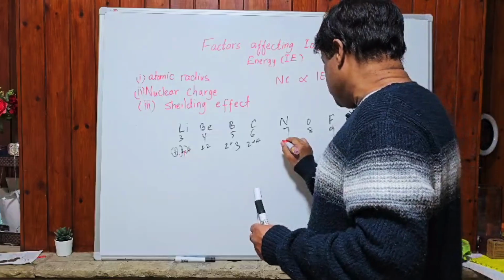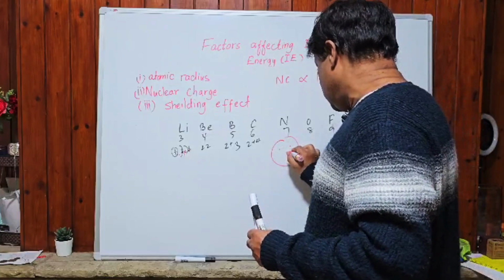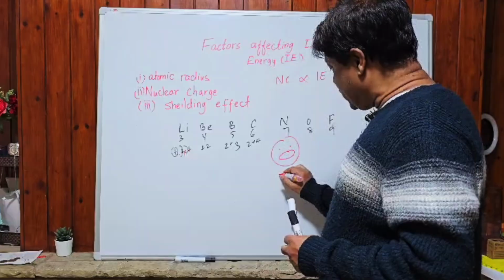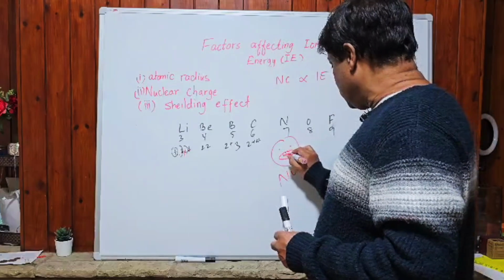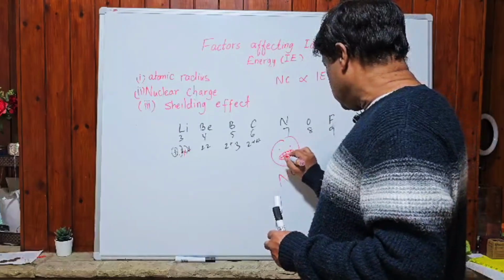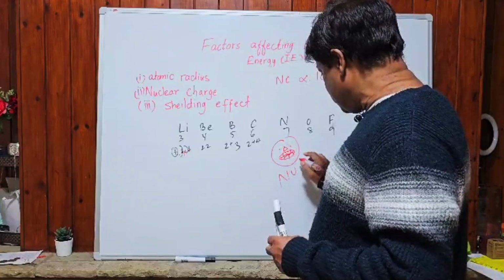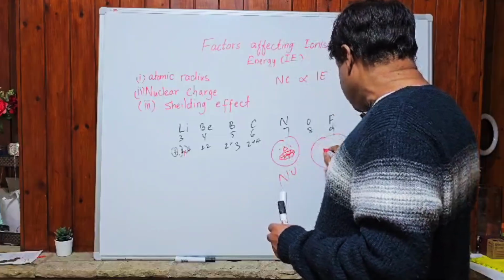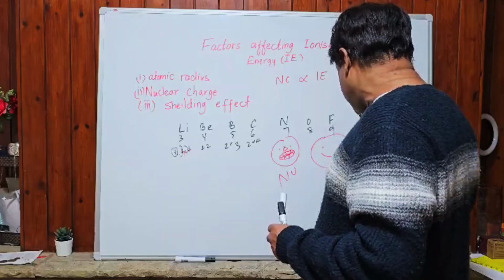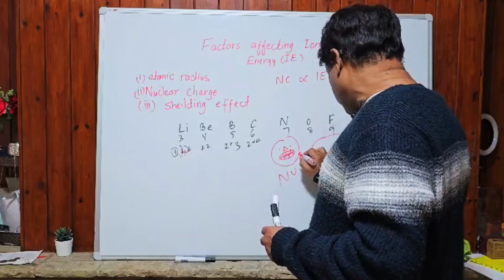So what's the relationship, guys? This is the happy face of nuclear charge. I have nuclear charge with a happy face, and I have ionization energy, which is also a happy face. Both are friends.